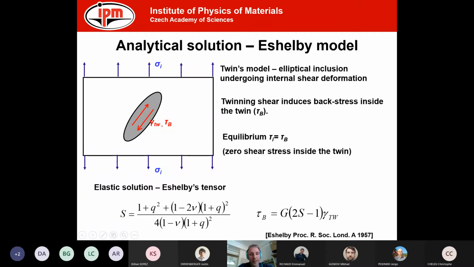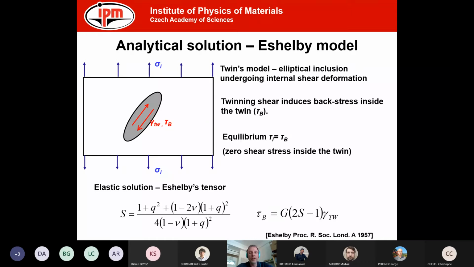The situation is like this: you have a matrix, and inside that you have an elliptical inclusion, and then you apply external stress, and then you apply internal shear strain at the same level as the twinning shear strain, which in magnesium is 0.13.